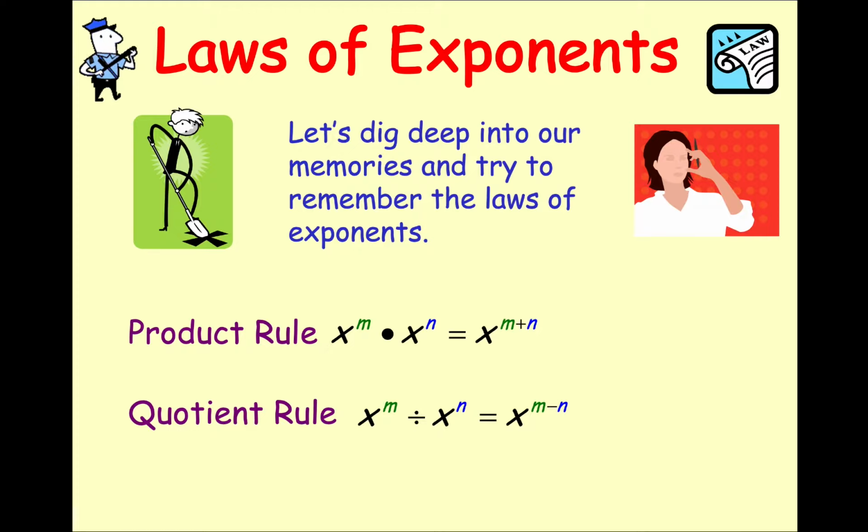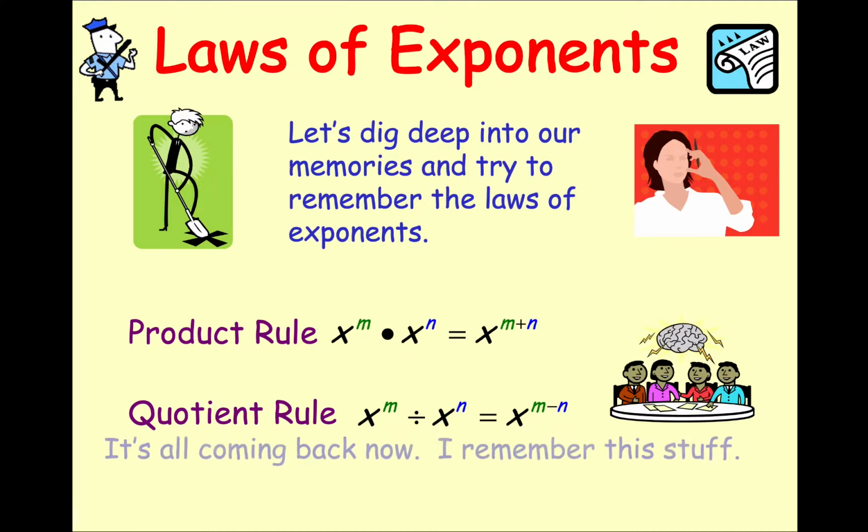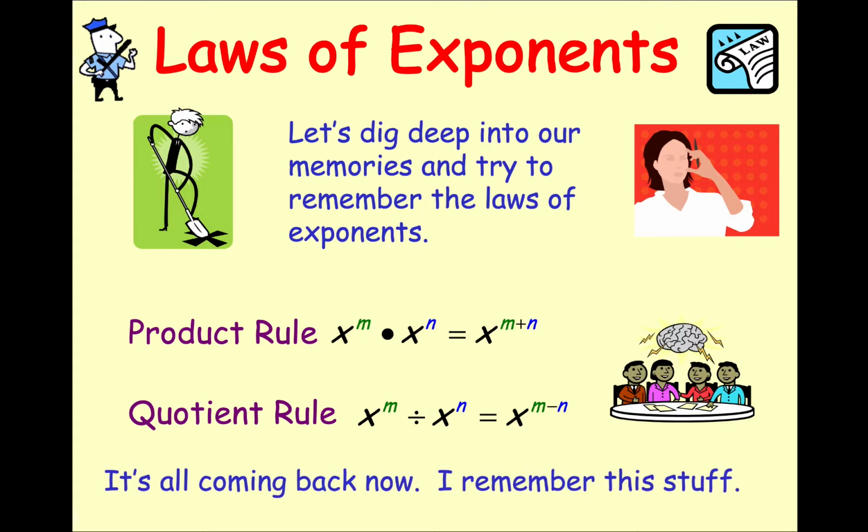X to the power of m divided by x to the power of n is equal to x to the power of m minus n. We subtract the exponents. Hopefully you will remember that from earlier lessons.